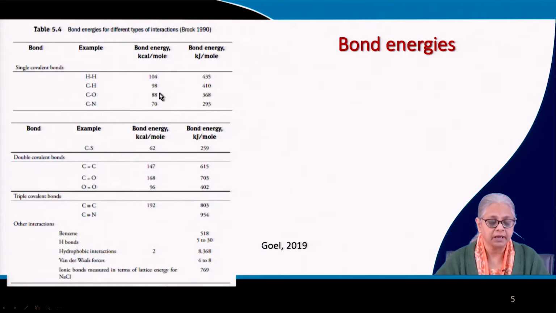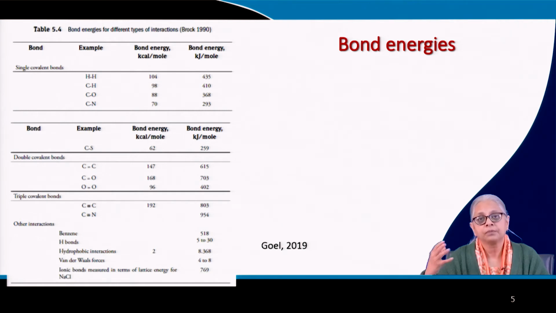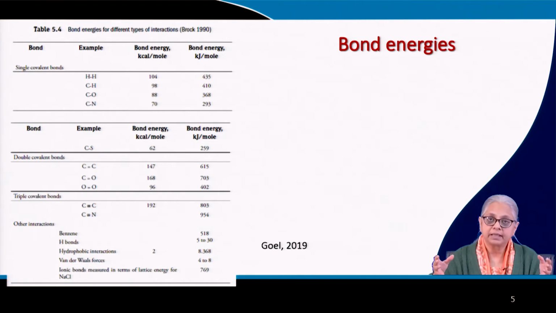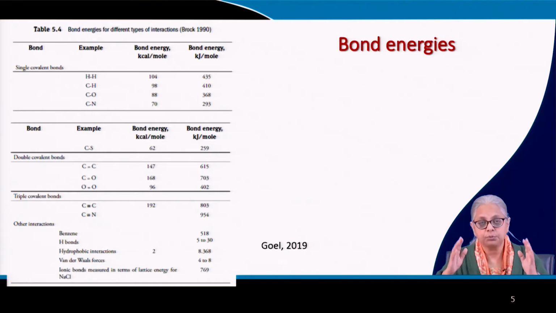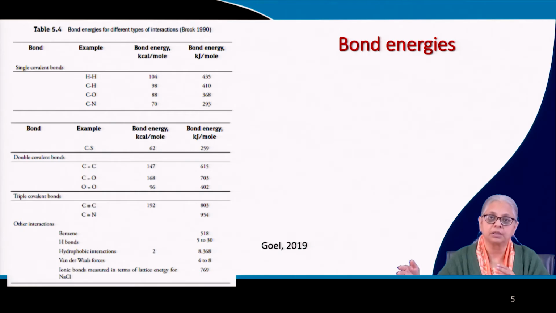Just to give you an idea about the bond energies, and this is very important from a biochemistry perspective. Remember that it is the making and breaking of bonds that is going to be utilized by the organism for either its catabolic reactions or its anabolic reactions. When I say catabolic reactions, it means breaking down the compound to create monomers and new biomass.